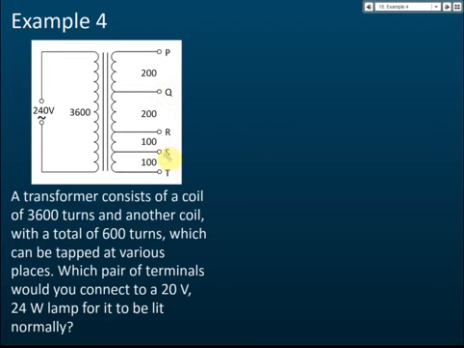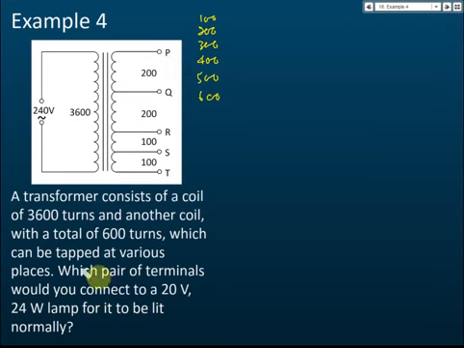So you can have 200, 300, or you can have 100 as well. If you connect R to S or S to T, 100, 200, 300. You can have 400, P to R, 500, P to S, or 600. It depends on what voltage you want, so you can control which point you want to connect.